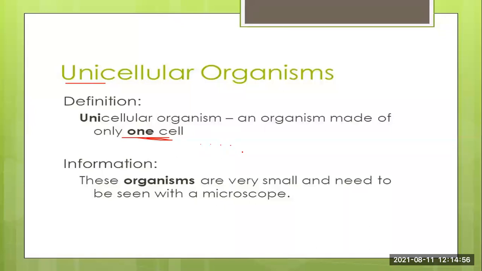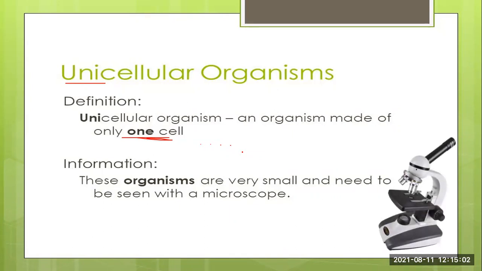So one cell cannot be seen with the naked eye. So what do we use? We use microscope for this purpose. Microscope is used to see unicellular organisms because they are made up of only one cell and cell is very small. So definitely they are going to be very tiny and we cannot see them with our naked eye. So we must use microscope to see them.